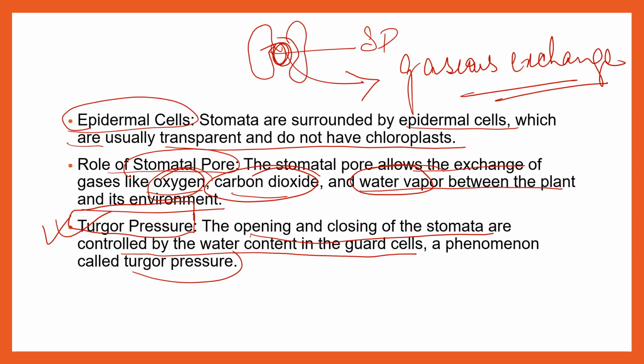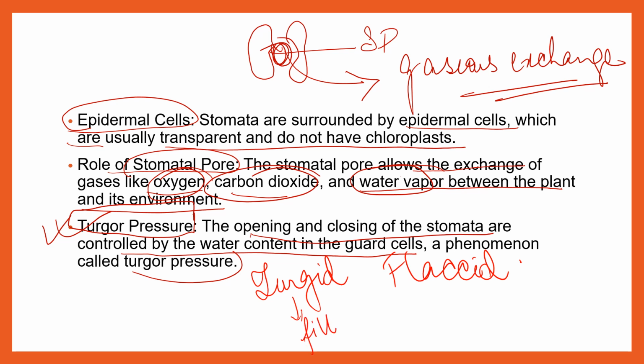When the turgor pressure is more, the guard cells will be filled with water, but when they lose the turgidity, or the turgor pressure is less, then they will become flaccid. So what are the two terms we are learning here? One is turgid and another one is flaccid. In higher classes you will study this in detail, but for 7th standard, just know this: turgid means the cells are filled with water.